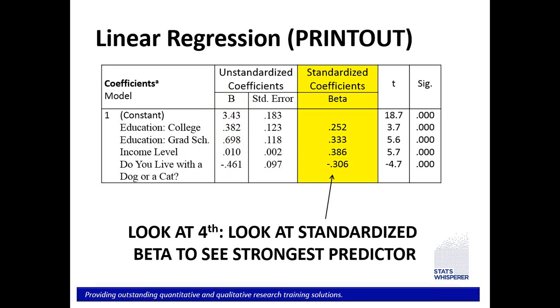So income here is the strongest predictor of happiness, the dependent variable. But we see that it's not lopsided. They're all around that 0.30 level, right? So income's closer to 0.40, but do you live with a dog or a cat is about 0.31, right? And the education levels are around there too, around that 0.30 level. So they're all relative in their predictive strength.